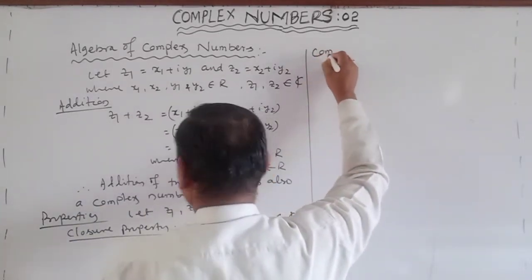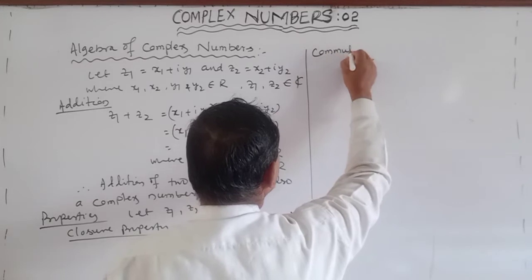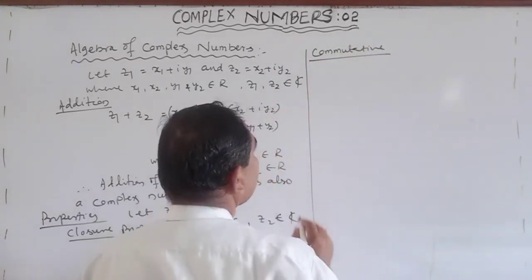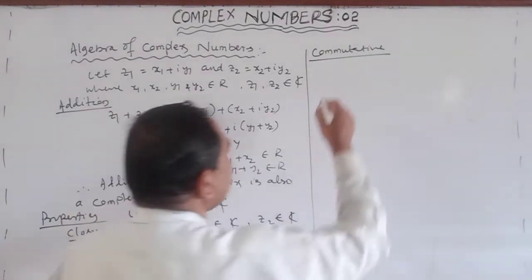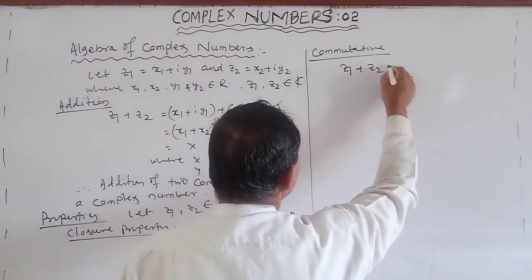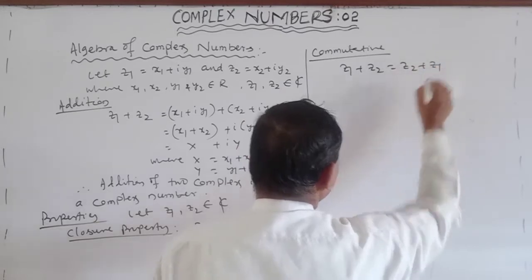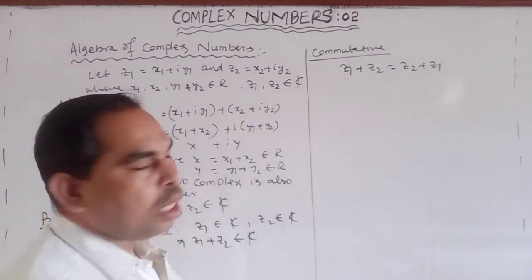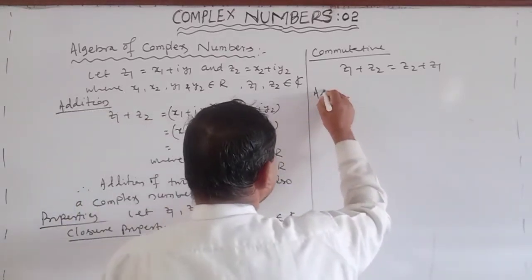Next, commutative property. Commutative means z1 plus z2 is equal to z2 plus z1. Next, associative.